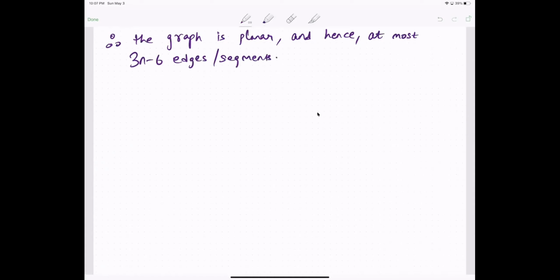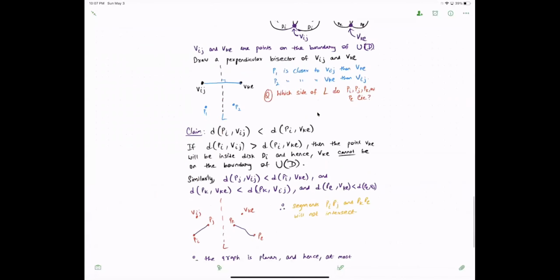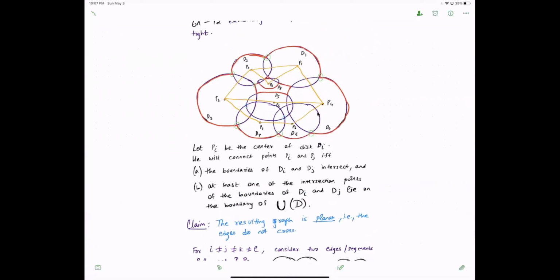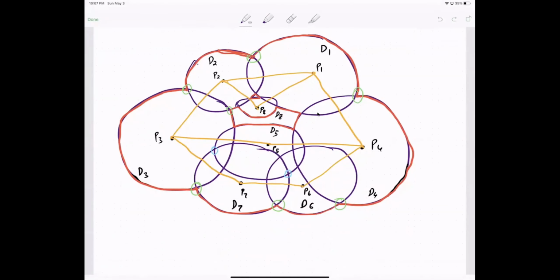Okay. So what does this mean? This talks about the number of segments, right? But we are interested finally in the number of vertices and arcs which are there on the boundary. But you can see that every segment can correspond to at most 2 vertices on the boundary of the union, by the definition of how we build these segments.